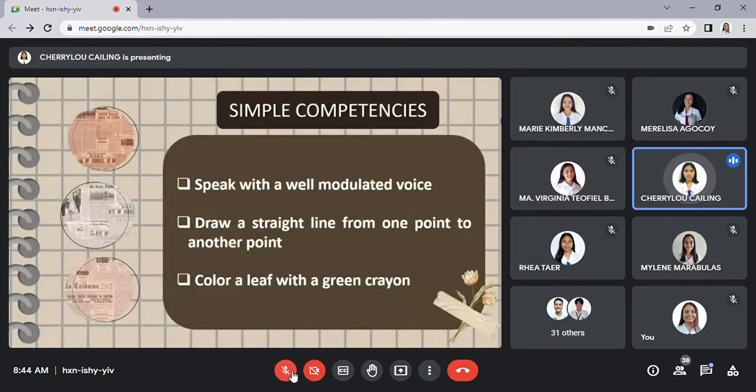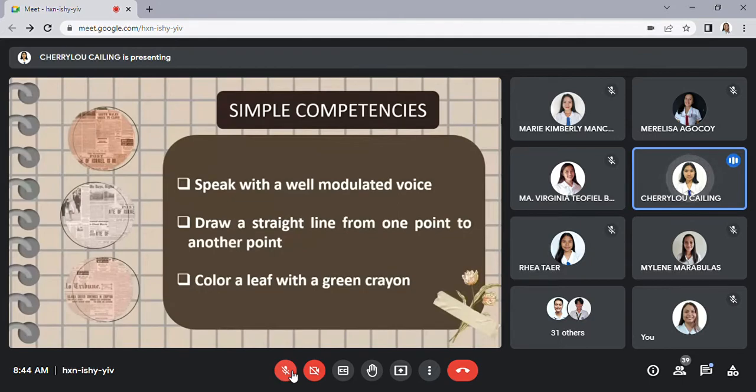A competency is said to be more complex when it consists of two or more skills. That is why we have simple and complex competencies. These are the simple competencies. First, speak with a well-modulated voice. Second, draw a straight line from one point to another point.